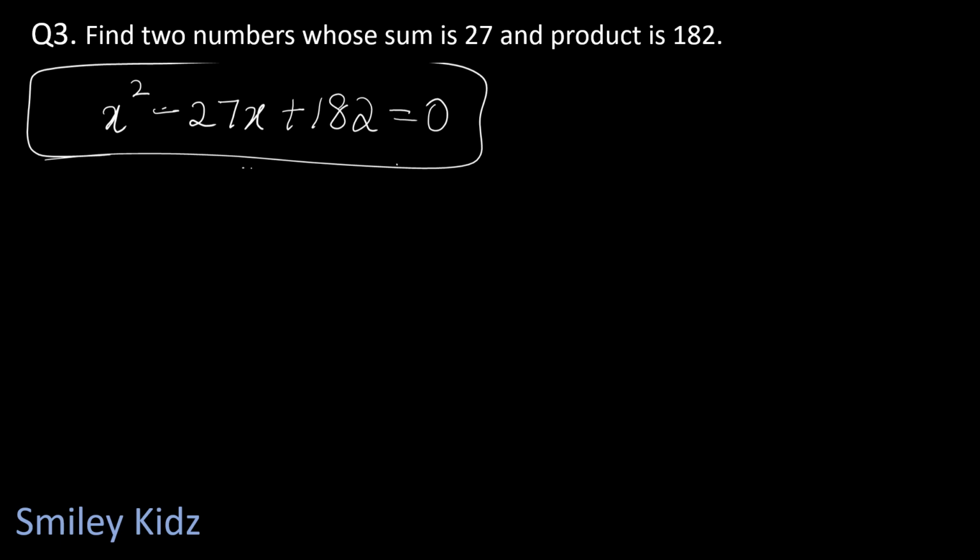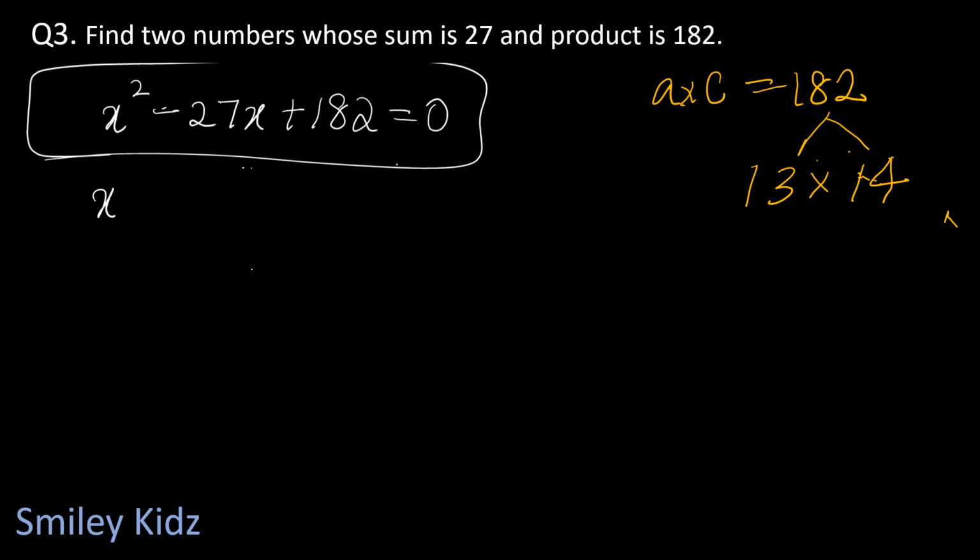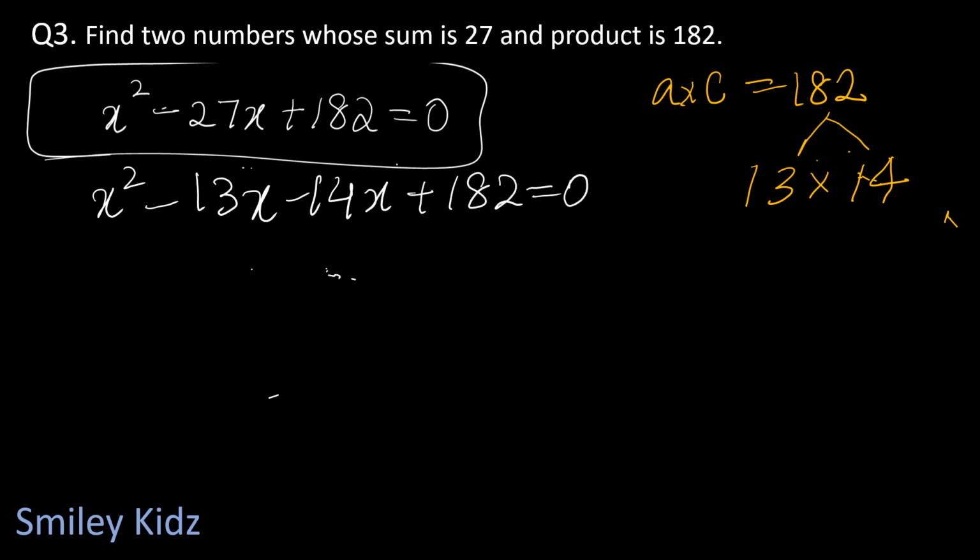Now we'll be finding out the roots of this particular quadratic equation. So a into c is 182. Now the accurate factors would be 13 and 14. So on further simplification, we get x square minus 13x minus 14x plus 182 equals 0.